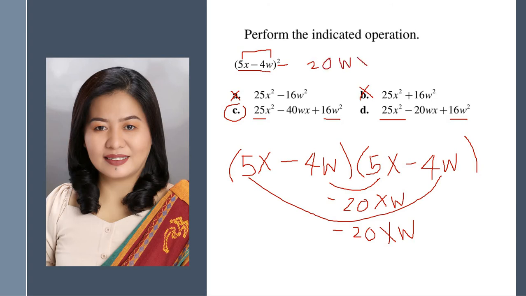And we multiply it by 2, so it gives us negative 40wx. So it's letter C. Next.